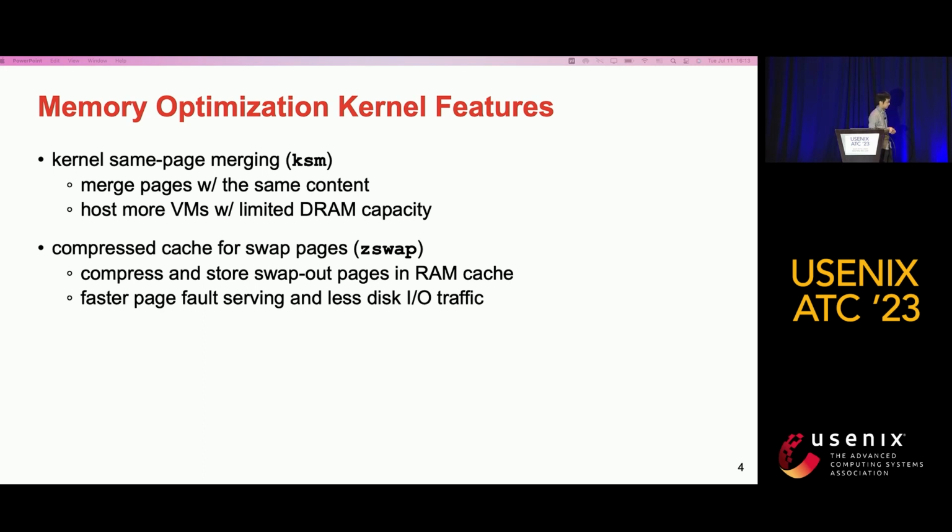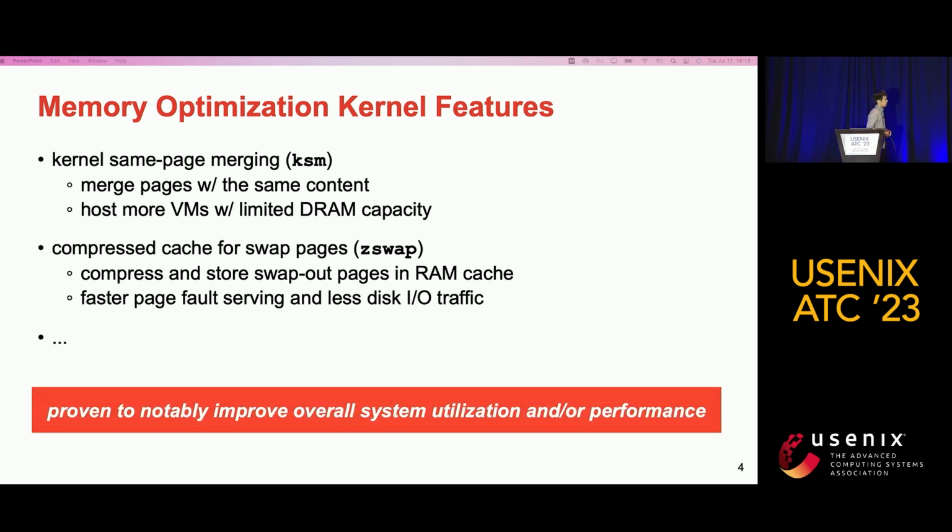And there are many other kernel features. These features are proven to be very efficient, and they can improve the efficiency of the whole system in the data center very effectively. They have some real-world profiling papers, which you may find later in our paper.